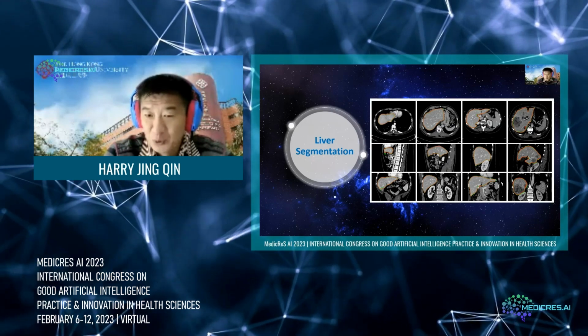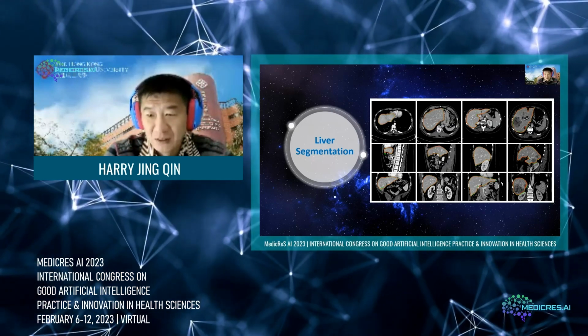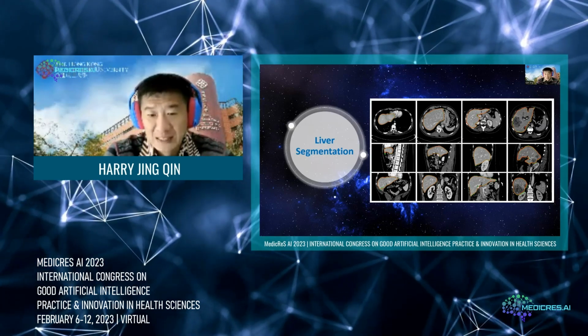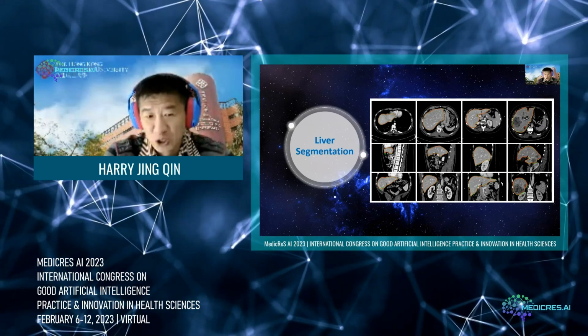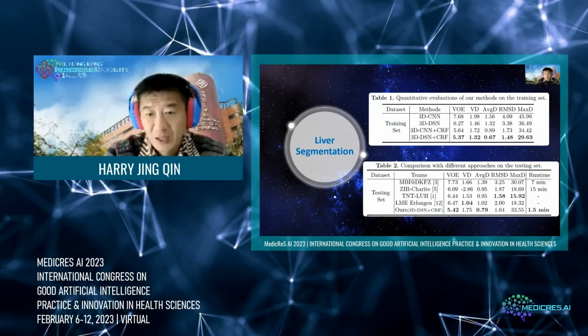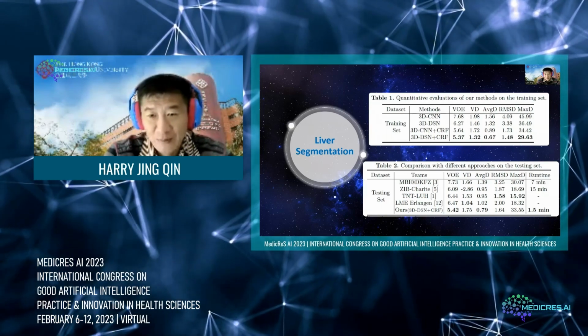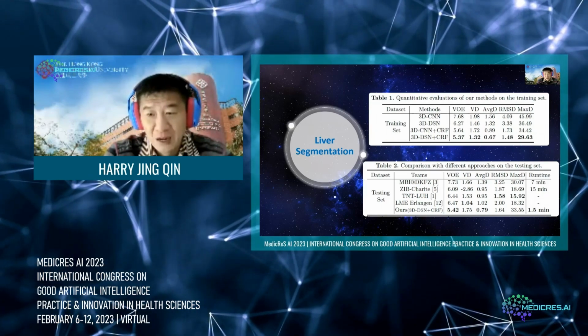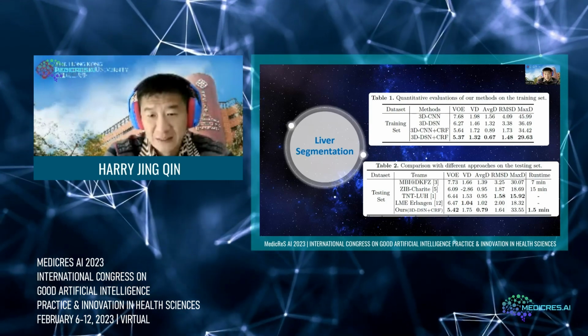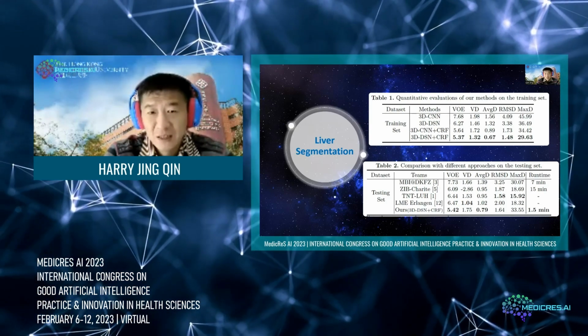You can see that in most cases, our segmentation results are very close to the annotation labeled by the doctors. So here are the quantitative results. You can see that our method can achieve comparable results of state-of-the-art approaches with a much faster speed.